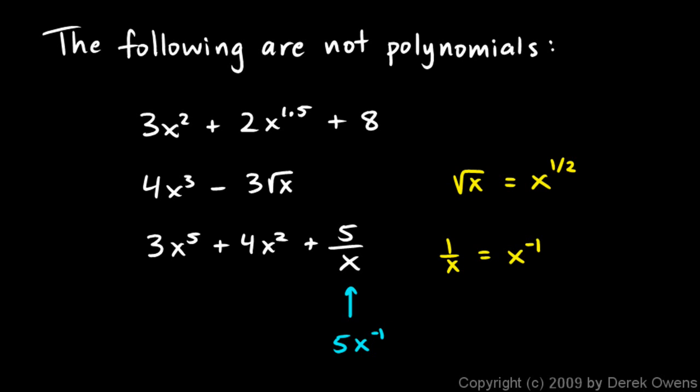Whole numbers are only 0, 1, 2, 3, and so on. Whole numbers are 0 and all the positive integers. So you can't have a fractional or negative exponent. That violates the definition of a polynomial. These 3 things are all valid mathematical entities. They're just not polynomials according to the definition of a polynomial.